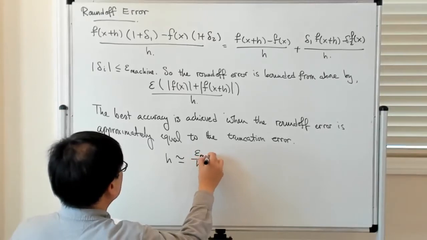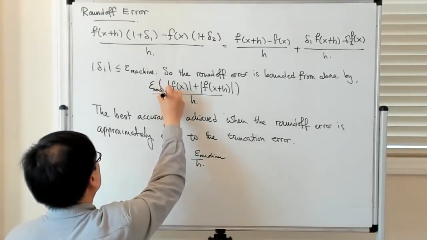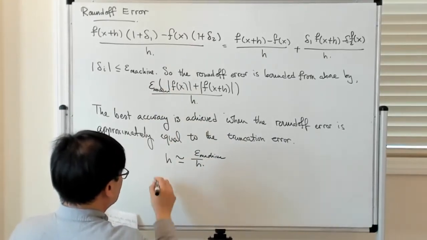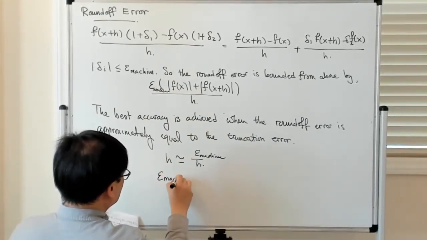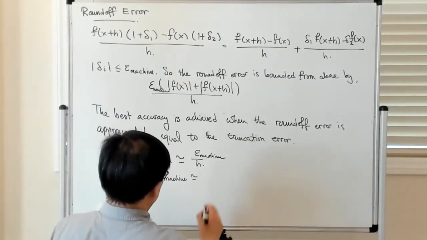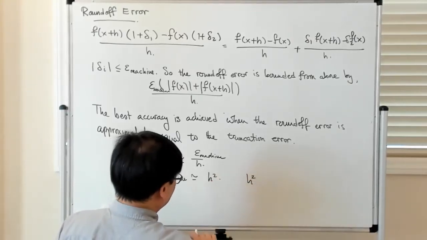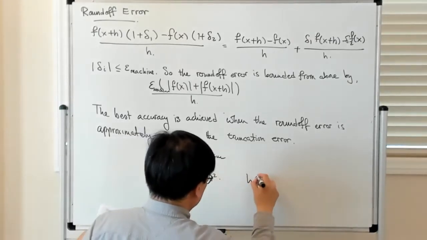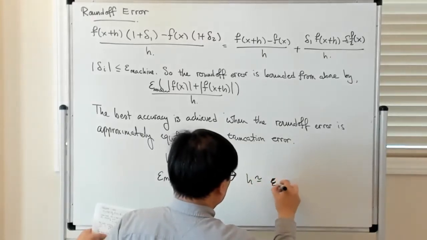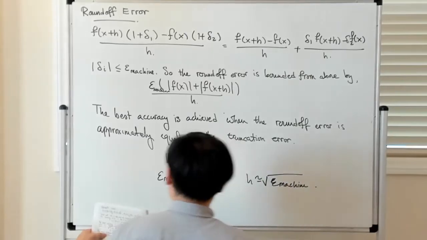This is machine epsilon, I should say. Which means that epsilon machine needs to be approximately h squared, or h is approximately the square root of epsilon machine, which is what I had said earlier.